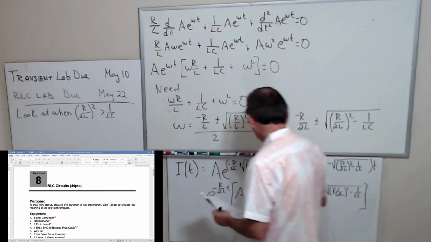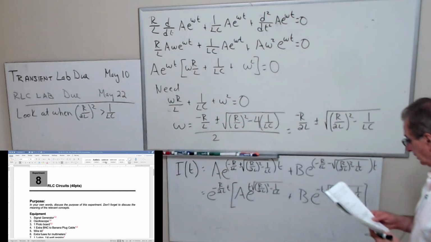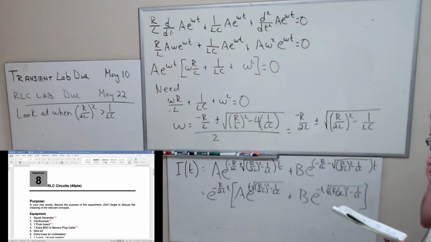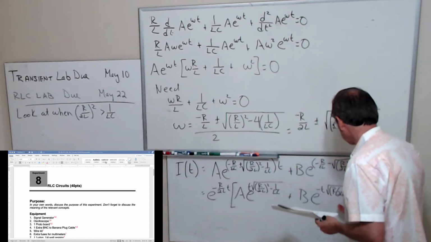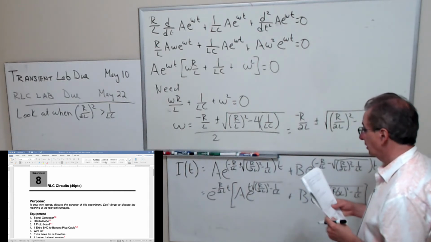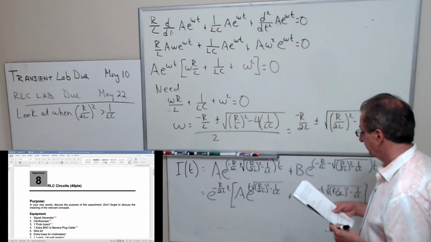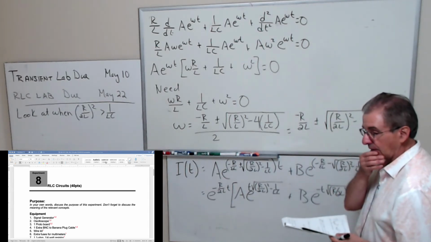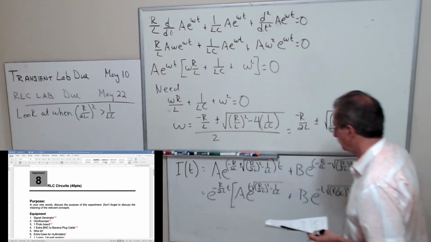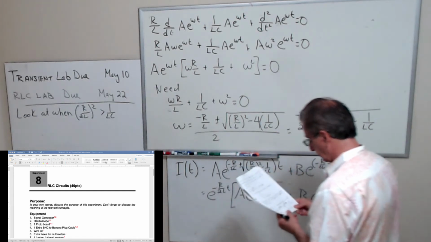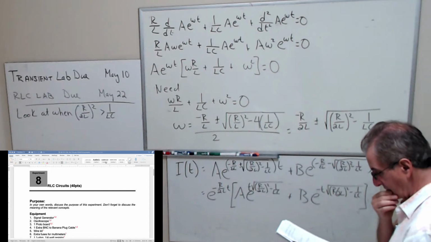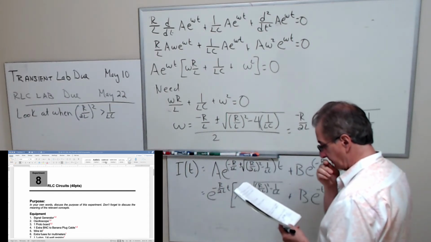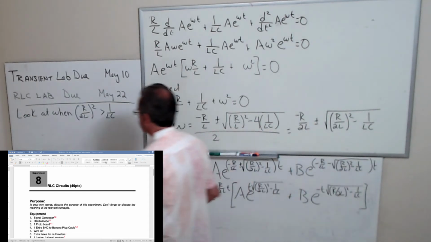What does it say about the radical? Positive number into the square root. Yeah, so this is positive, this is positive. What do I get then? What does my function look like? This is called underdamped.